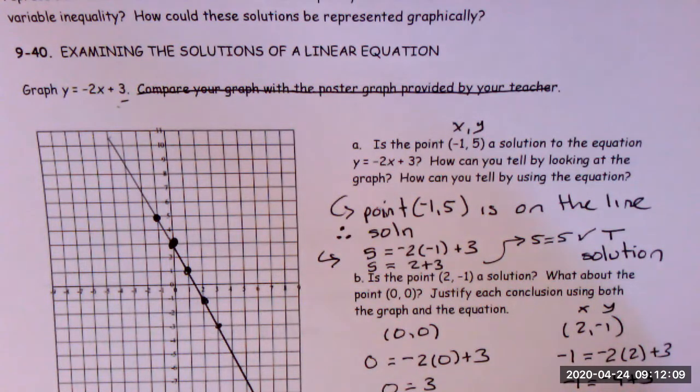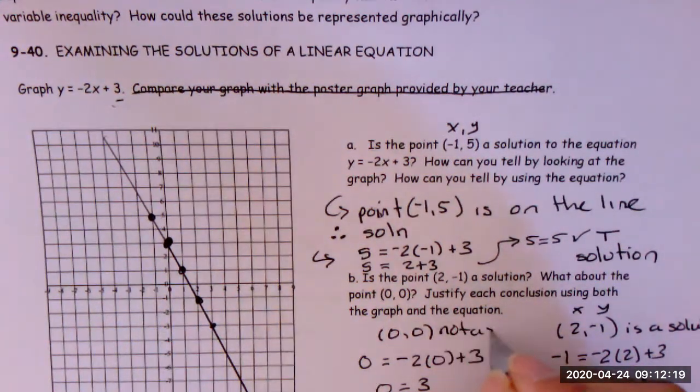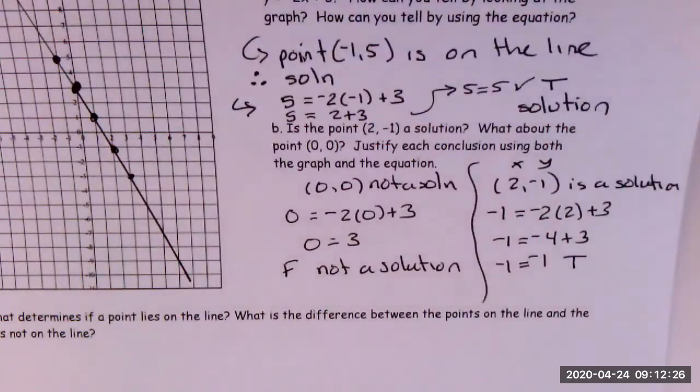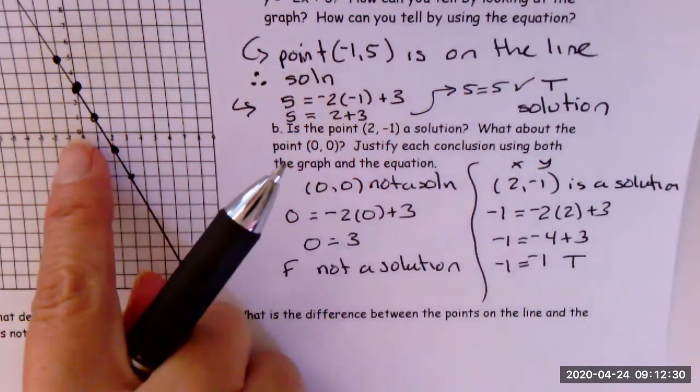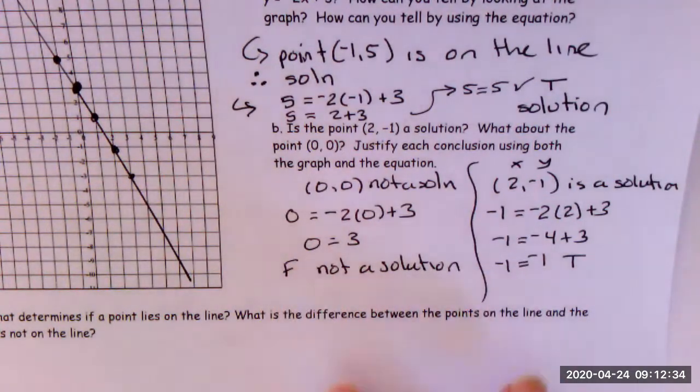So we get -1 equals -1. That's true. So this is a solution. And this is not a solution. Oops, I lost the page. Sorry about that. All right. Again, 0, 0 is not on the line. 2, -1 is on the line, and it's consistent with my algebra.